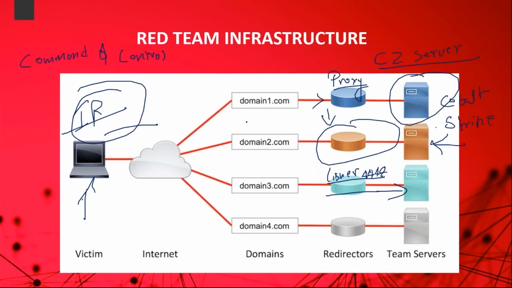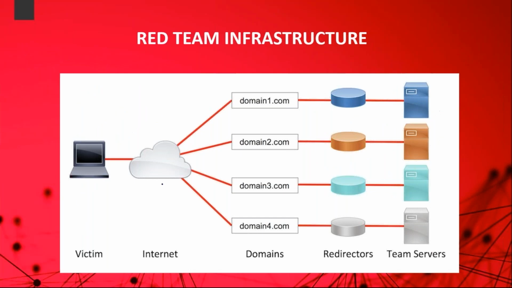But here in red team, as you can see, even if I try to find you, you just have to change the IP of your proxy. Your proxy will be new, right?